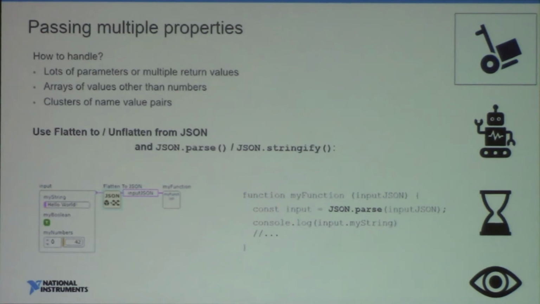So for passing multiple properties, a high level idea, bundle it up into something that can be used in the flatten to JSON node. So then on the WebVI side, you're using flatten and unflatten from JSON. And then on the JS side, you're using JSON.parse and JSON.stringify.